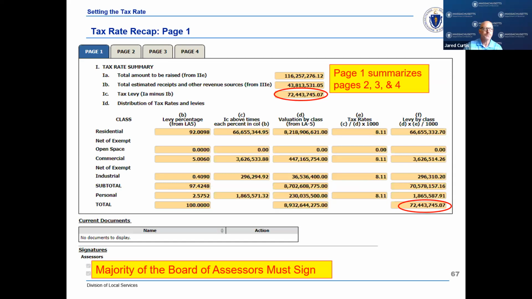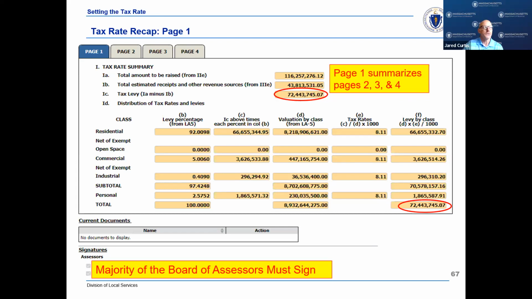So this is a snapshot of page 1 of the tax rate recap. What you can't see at the bottom of the form, before you submit the form, is what's called a recap adjustment button. A community needs to click on that button prior to submitting the recap.